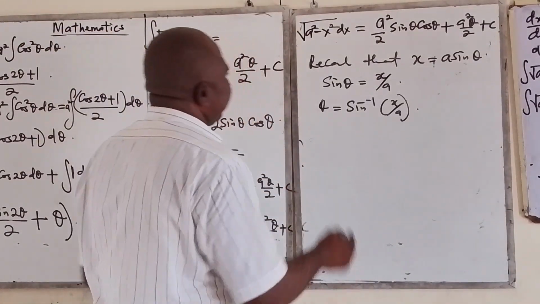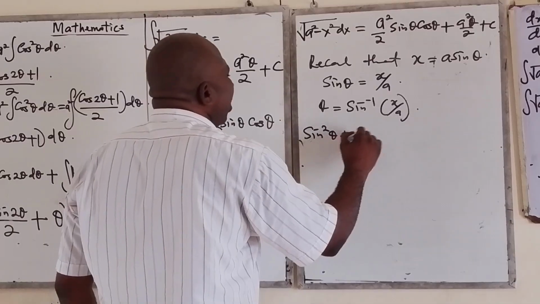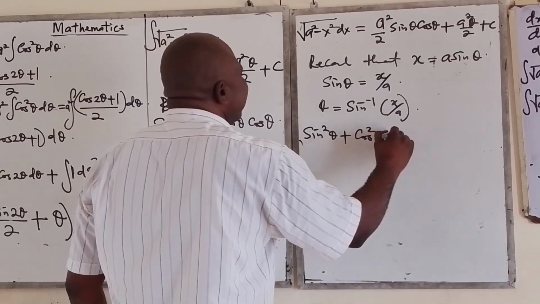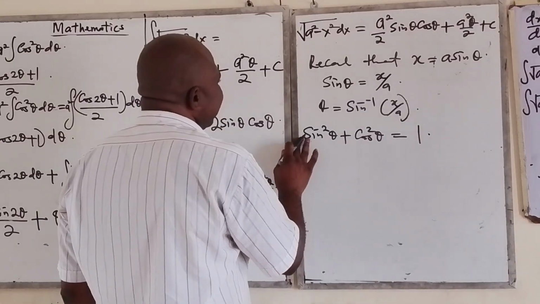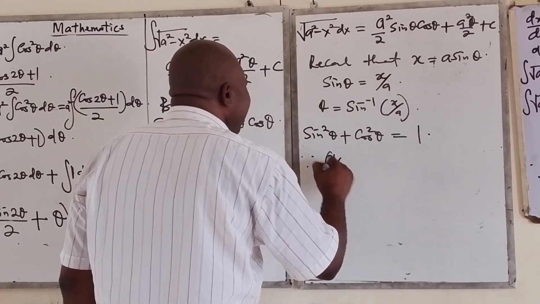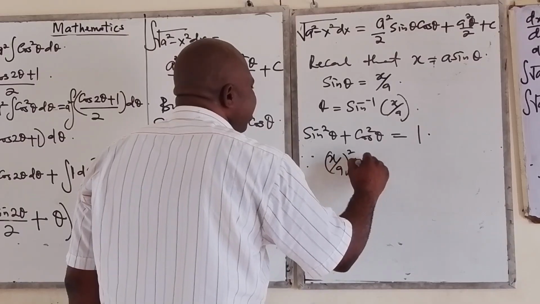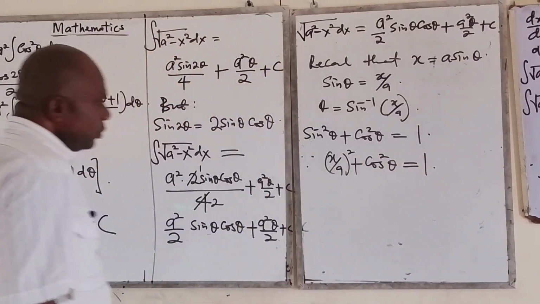Now, if sine squared theta plus cos squared theta is equal to 1, it therefore means that x all over a all squared plus cos squared theta will be equal to 1.